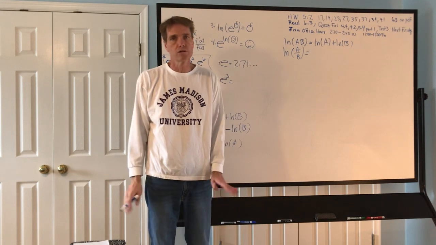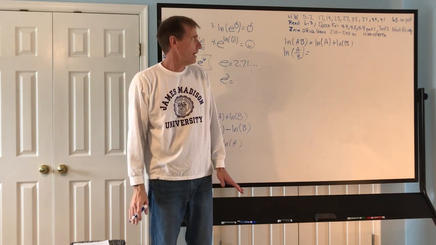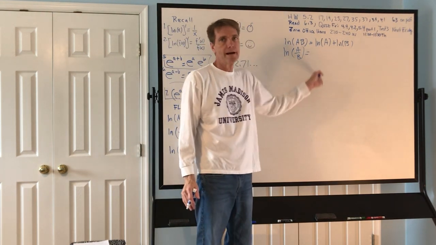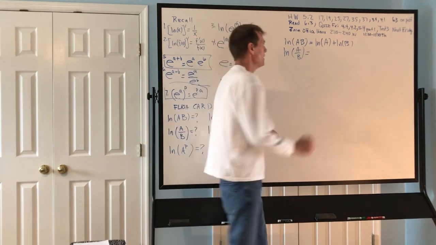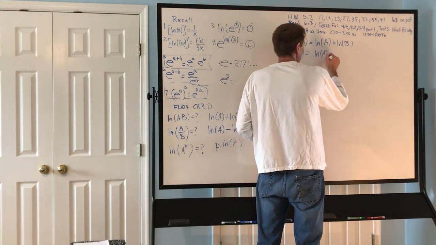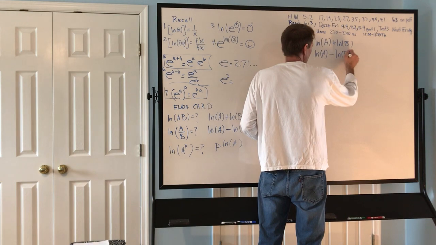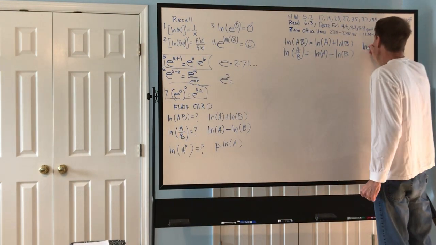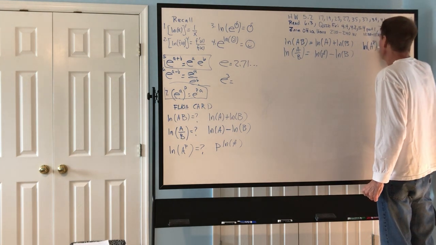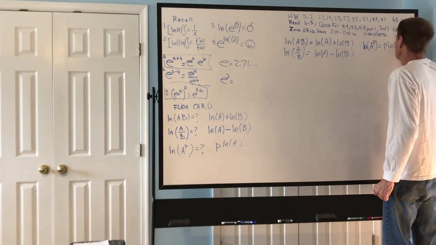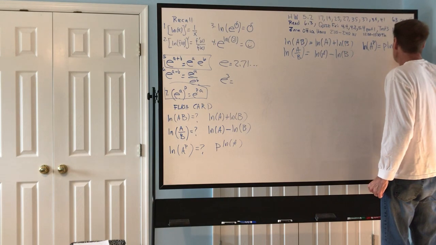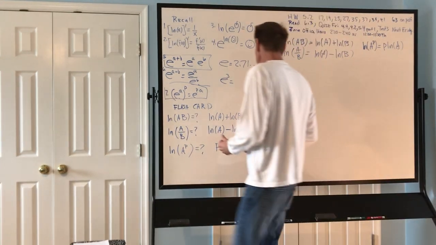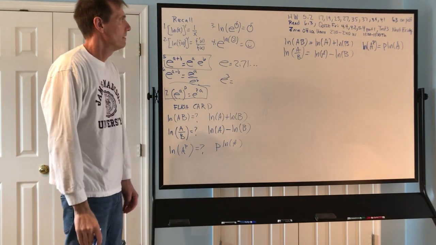And don't make up new rules. People are like, oh, it's the natural log of a over the natural log of b. No, it's not. It's the natural log of a minus the natural log of b. You cannot make up new mathematics. And then the last one up here, the natural log of a to the p is p times the natural log of a.